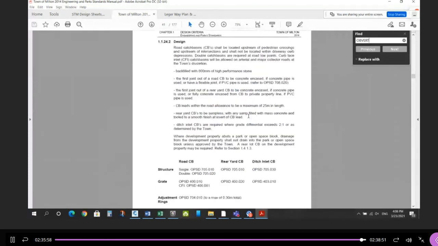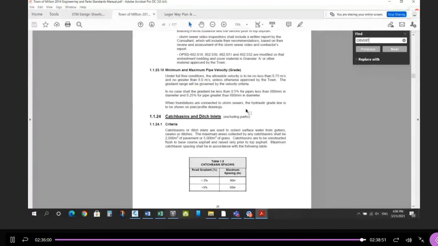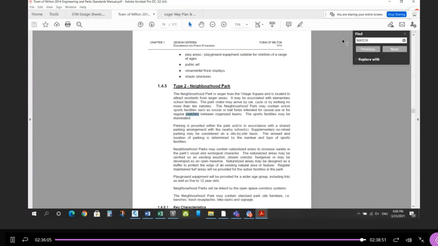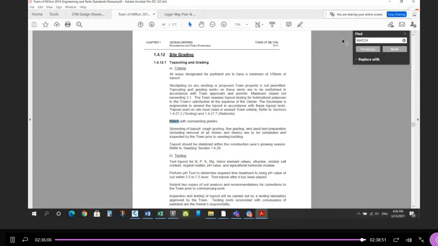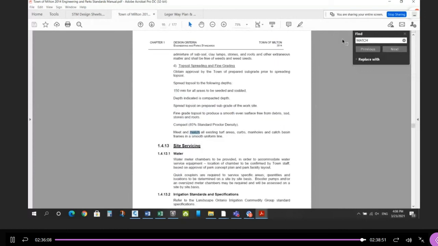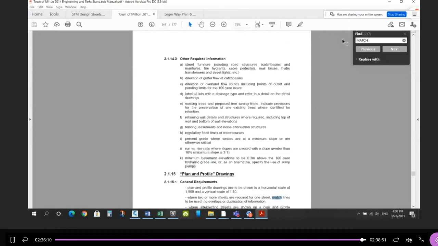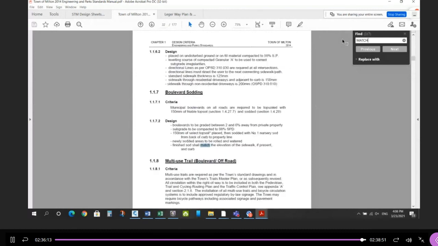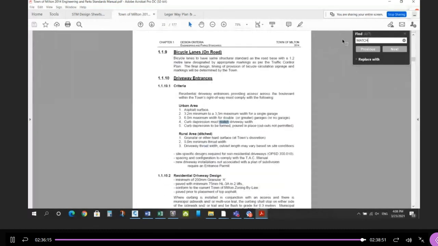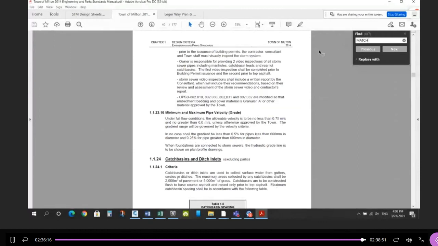I don't think it's in the standard. Somebody finds it, let me know, but I don't think it's in there. Match obvert. I don't think so. Okay, it's not a standard, but it's generally accepted that you should match obverts.